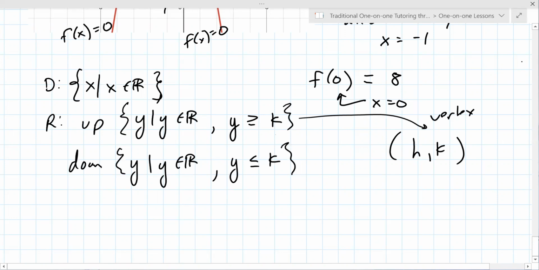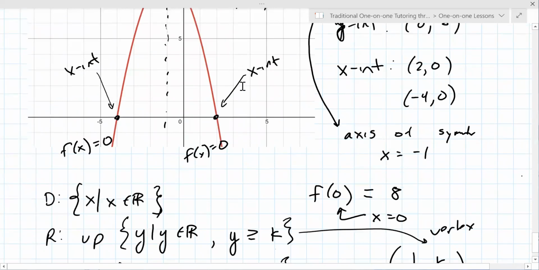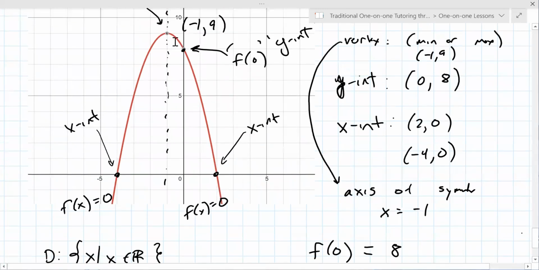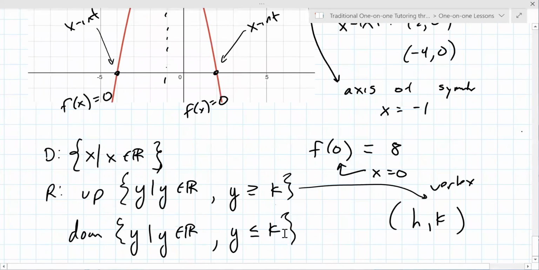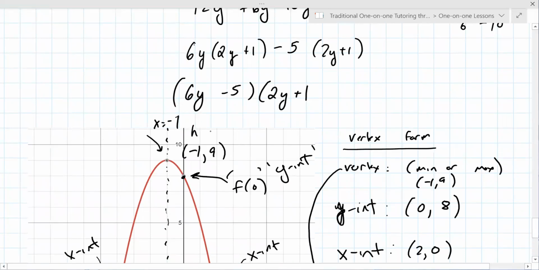It depends whether it opens up or down. This one's going down, so it's the second one. The vertex is h comma k, so this is h, this is k. Is that okay? Yeah.